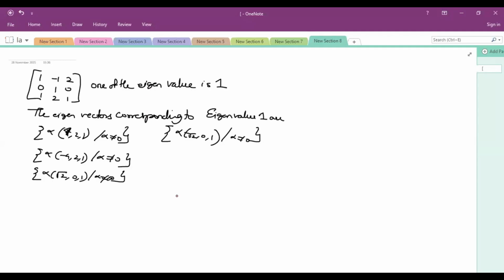So what is the outcome of this? You know that the eigenvalue is 1. So AV equals V. We have the matrix itself.